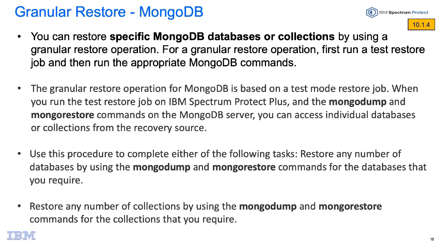The way this is going to work is you're first going to run a test restore job, and then you're going to run the appropriate MongoDB commands to get the database back. Basically, those commands are going to be mongodump and mongorestore commands. You can use those commands to get back the individual databases or collections from the recovery source.